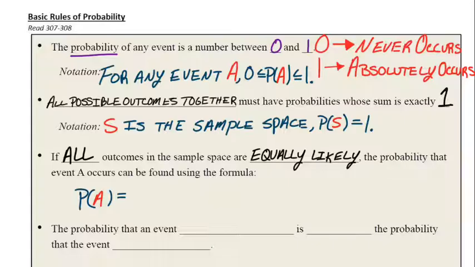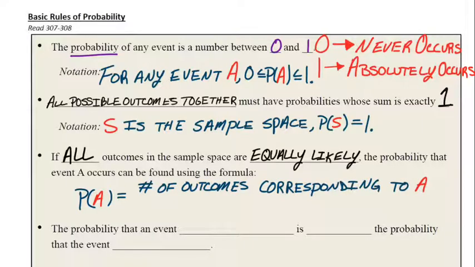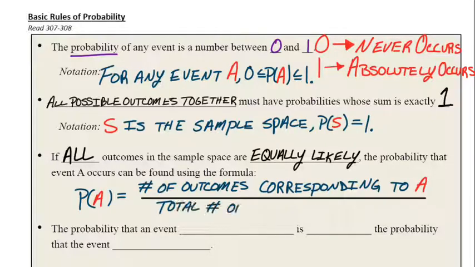The probability of A is equal to the number of events corresponding to event A, and just like you're used to, basic probability, divided by the total number of outcomes in the sample space S. So we're used to just saying number of successes divided by the total. Pretty basic rule. You probably knew that one already.